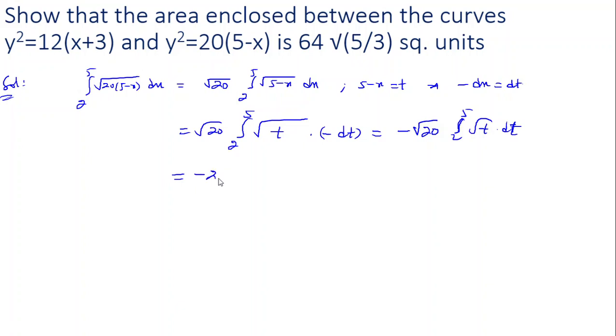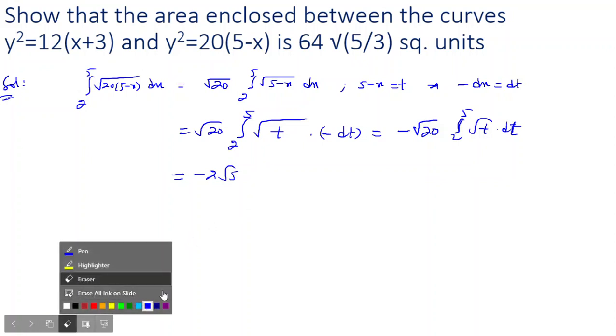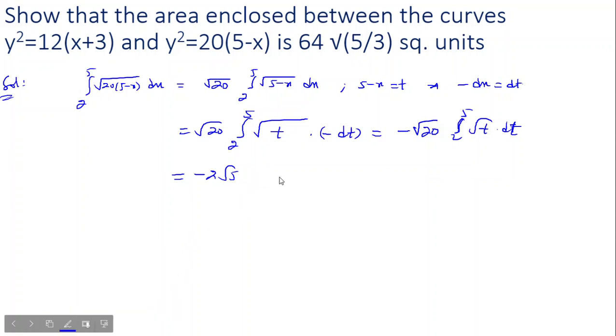So this is minus 2 root 5 integral from 2 to 5. So let us write, integral root t dt is t^(3/2) by 3/2.